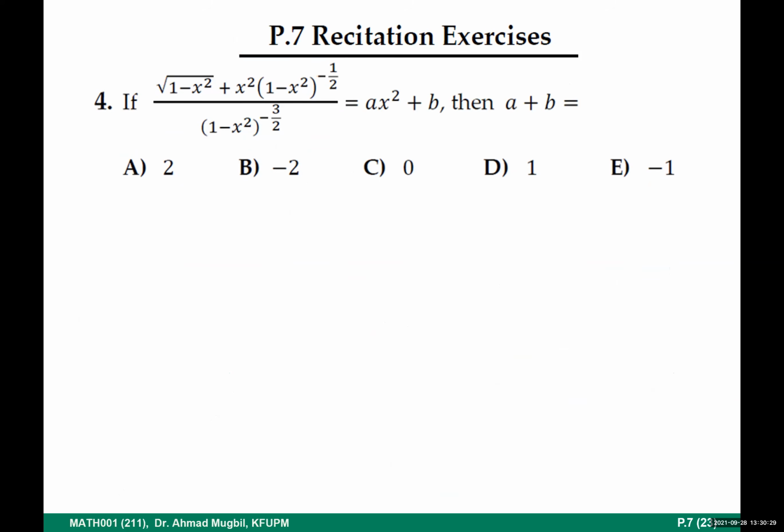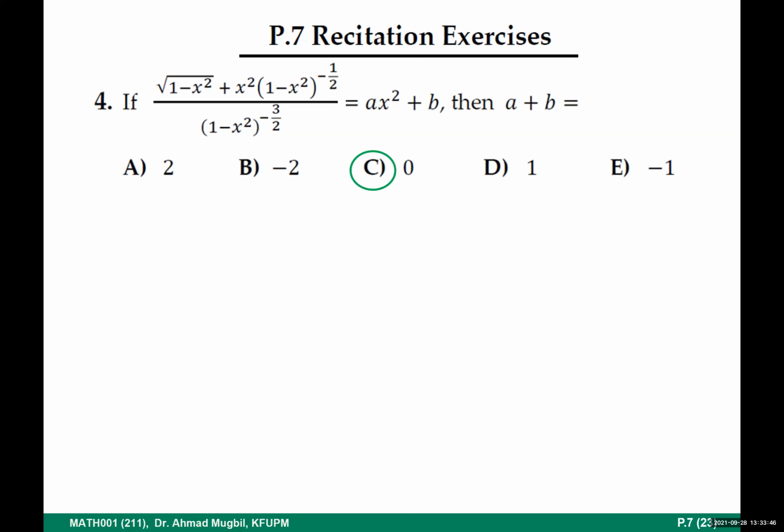Practice. Solve. Don't rewrite the question, Shabab. Just write the number of the question and start solving in your notebook. Check your answer. The answer is C.